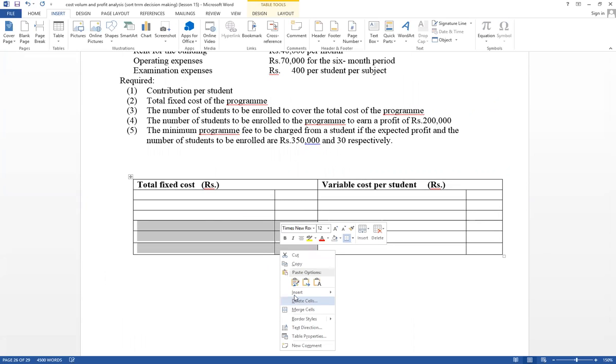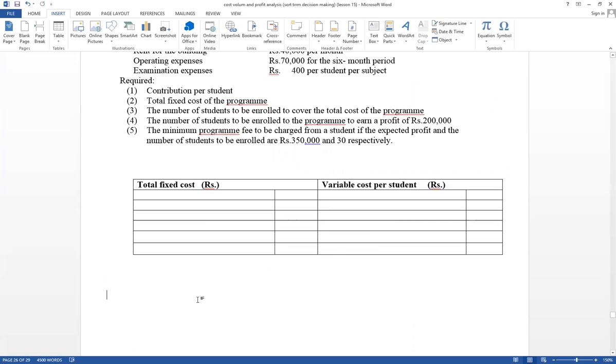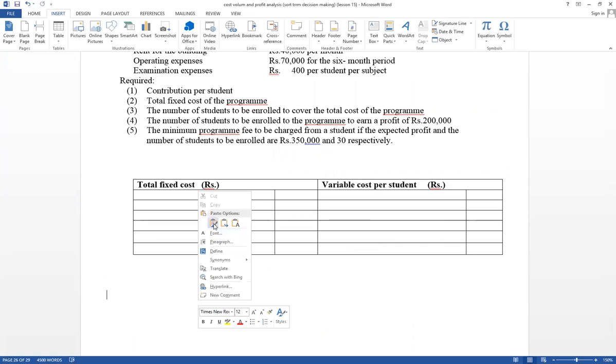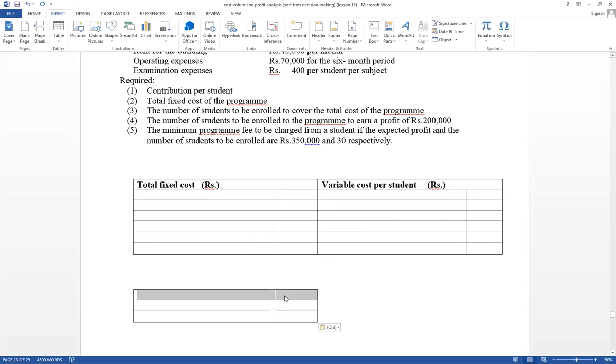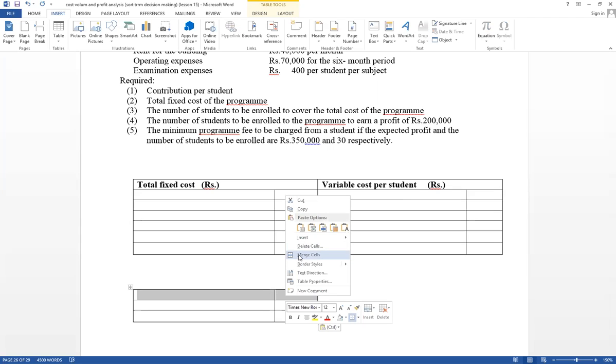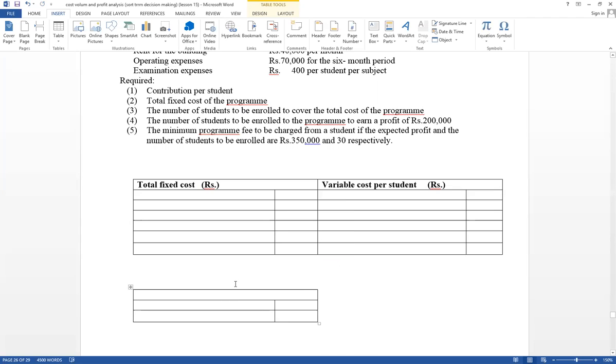As a selling price you have to consider fee per student. Think about selling price: selling price per student. Therefore fee per student is equal to the selling price.